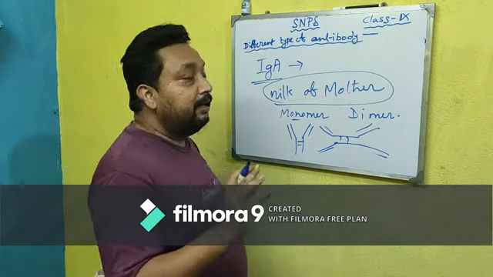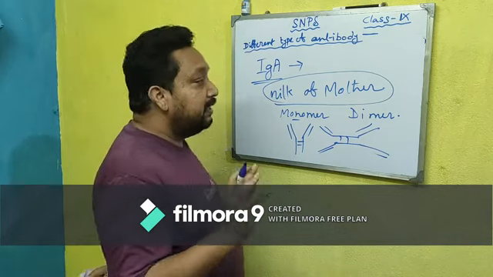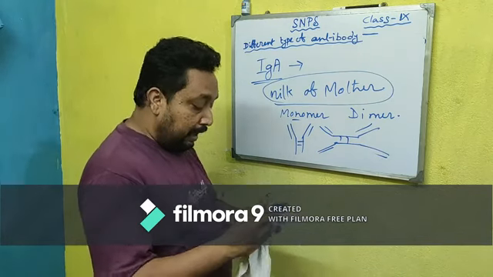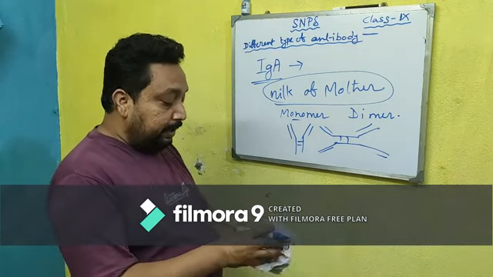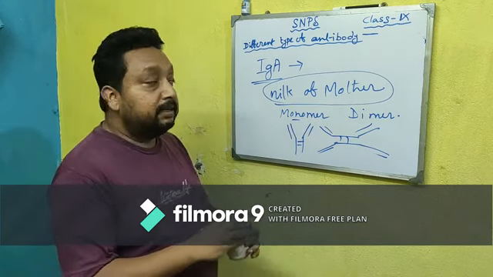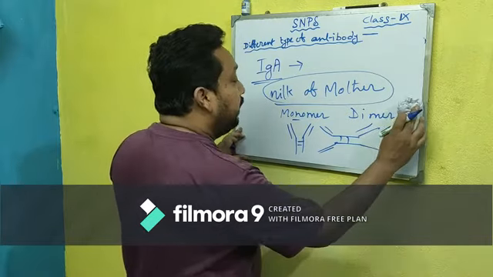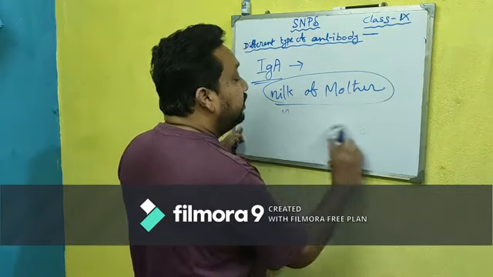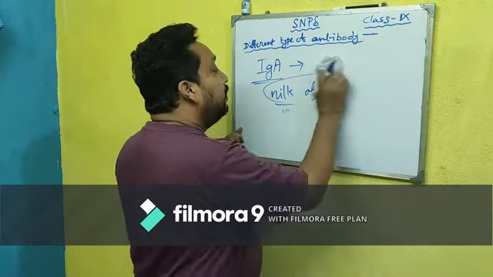IgA is mainly found in mucus. That means it has the capability to destroy the antigen, and it is mainly found in sweat, tear, saliva, etc. So in short, IgA is a monomer or dimer.